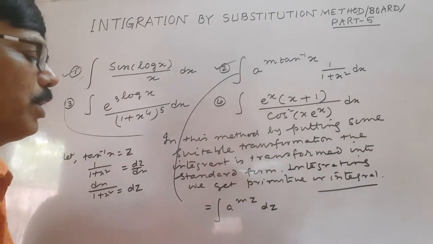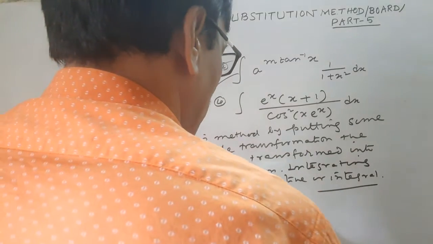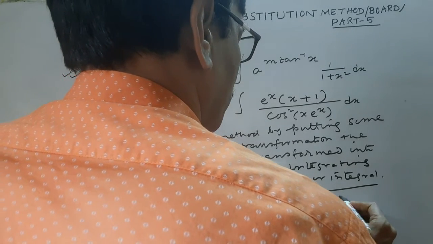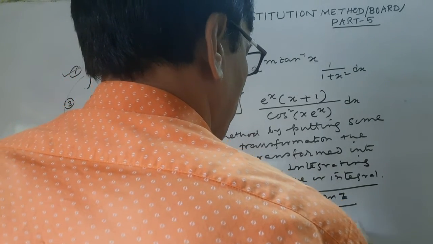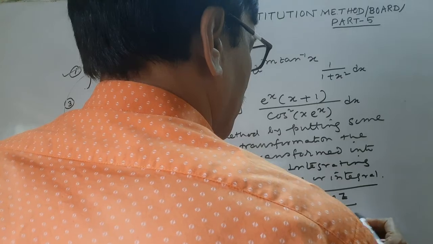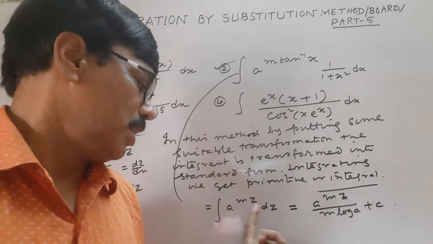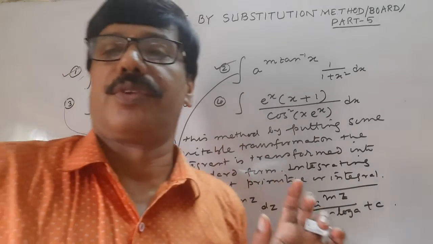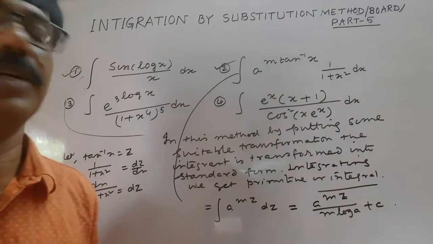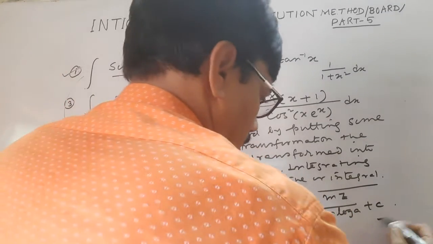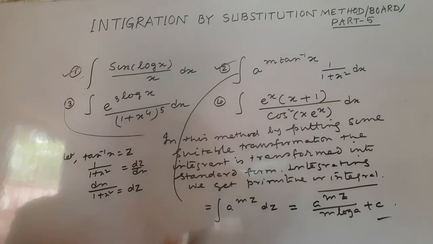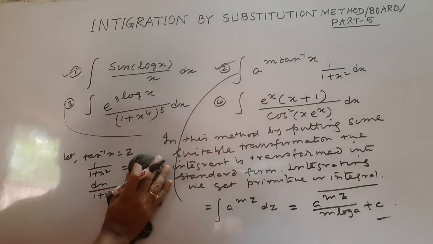Integrating, we get the primitive. What is the primitive? The value of the integral is a to the power mz by m log a plus c. Putting the value of z, you get the answer. So this is the substitution method.